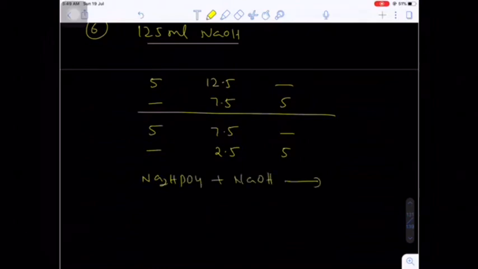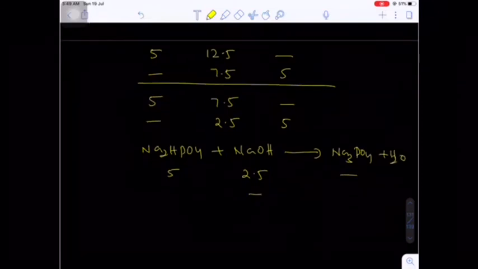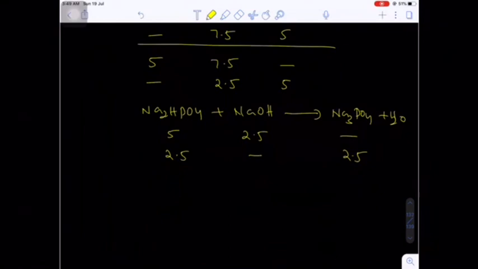Okay, now again here disodium hydrogen phosphate plus sodium hydroxide. How many millimoles of disodium hydrogen phosphate? 5. How many millimoles of NaOH? 2.5. And there is a third neutralization to give sodium phosphate and H2O.